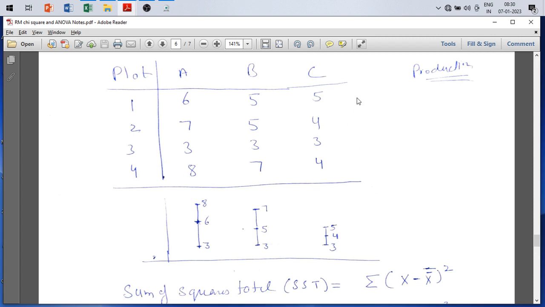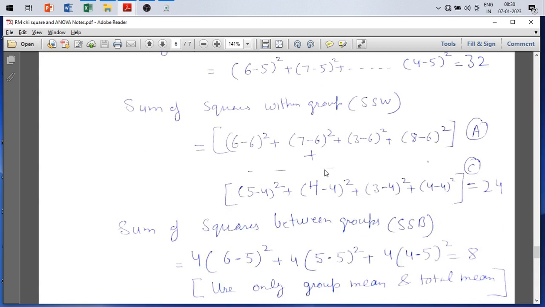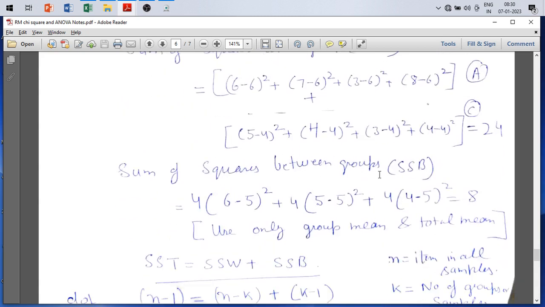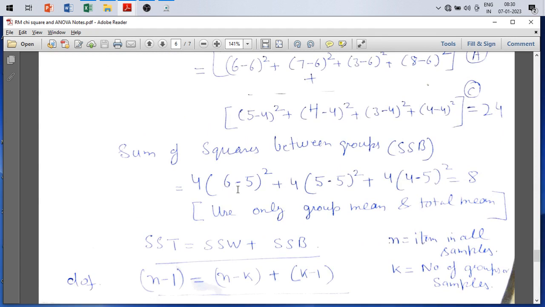So 4 minus 5 square, 4 minus 5 square, will have to do it 4 times. Okay, so that will be called sum of squares between groups. So you see here, 4 times 6 minus 5 square plus 4 times 5 minus 5 square plus 4 times 4 minus 5 square. Okay, it turns out to be 8 here.